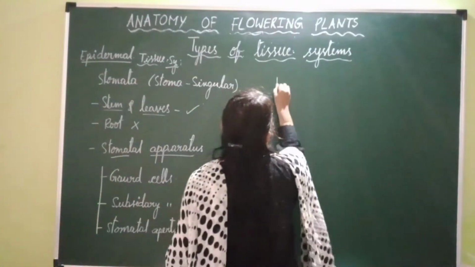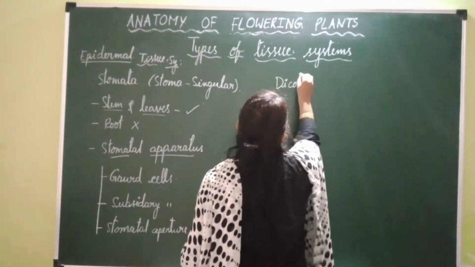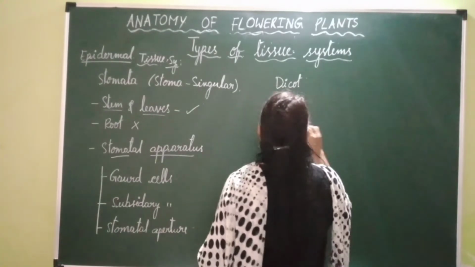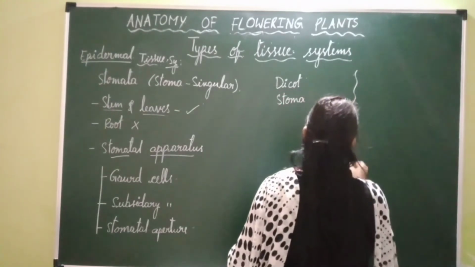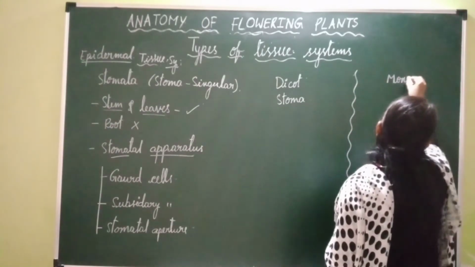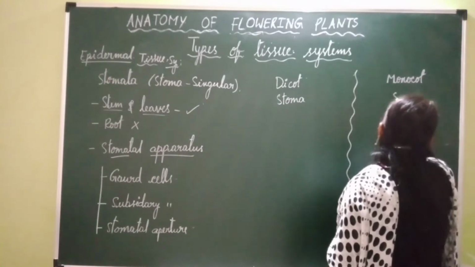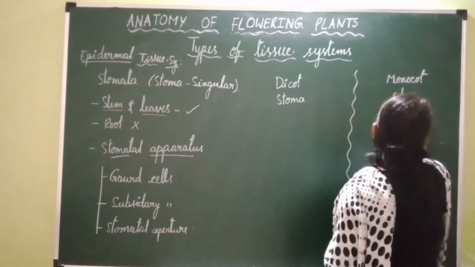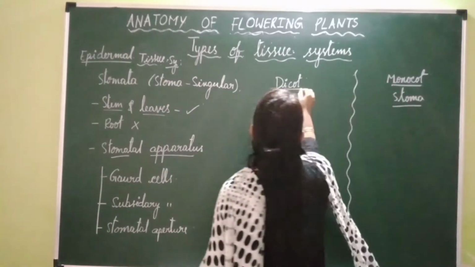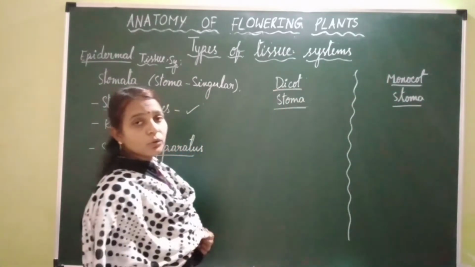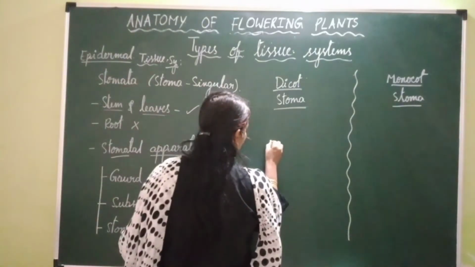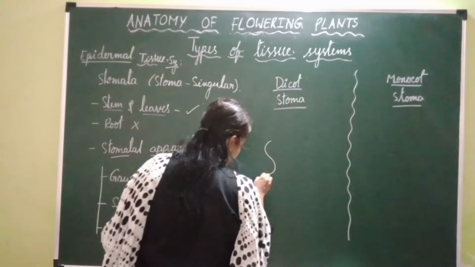Right. So, the structure of dicot stoma and the structure of monocot stoma. In the stomatal apparatus, that is the stoma, there are two guard cells.